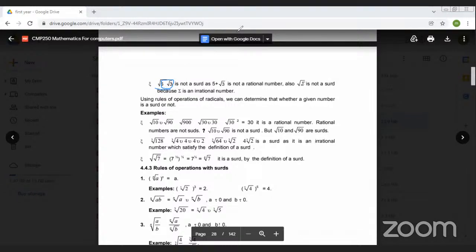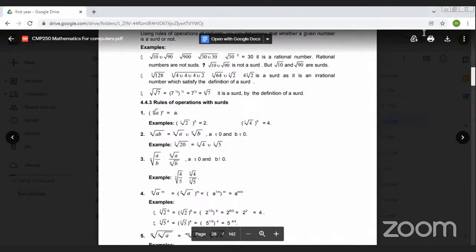Therefore, it is not a surd. See, don't get confused over here. Earlier, in our definition, when do I say it is a surd? When the value of this root is an irrational number, and the term which is under the root should be a rational number, compulsory. Therefore, it is not a surd. Understood? Yes or no?